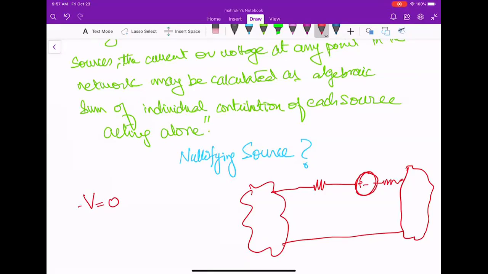Could you put another voltage source of the same magnitude in the opposite direction? Yeah, that's another thing, but I just don't want to introduce any other source too. I want the circuit current running, but I don't want the voltage source here. So I want to make it 0.